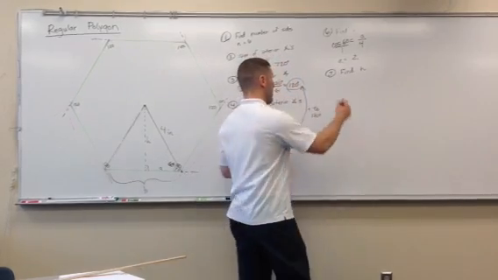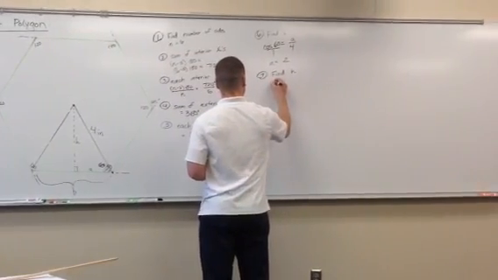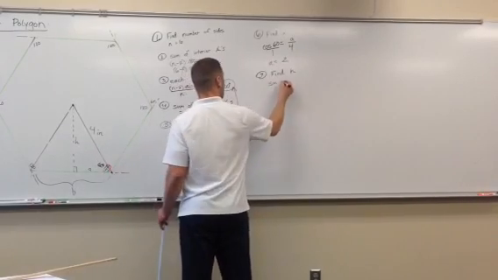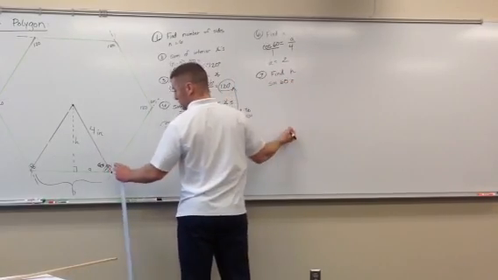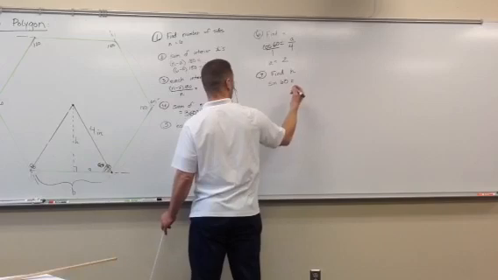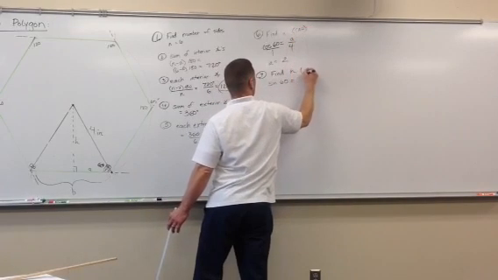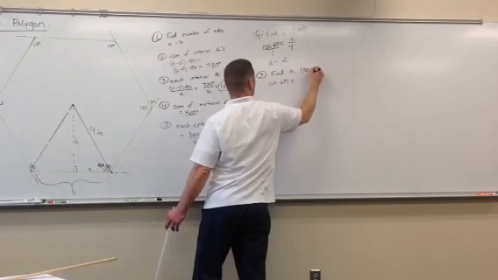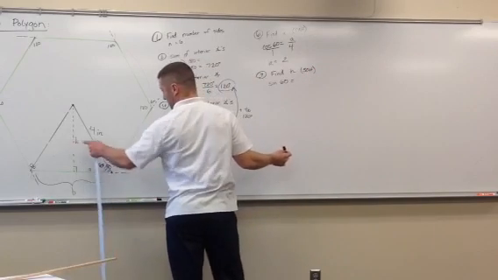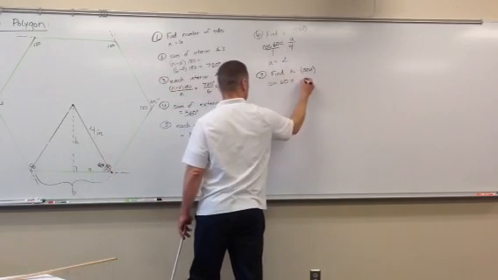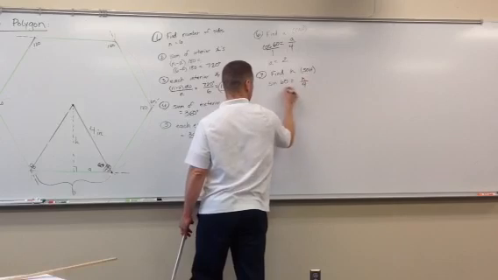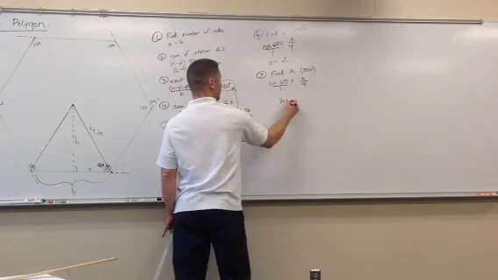Good idea. All right, I'm going to use sine of 60 equals opposite over hypotenuse. On that one we used CAH, this one we're using SOH. Opposite is H, hypotenuse is 4. Do that on your calculator and find your H value.